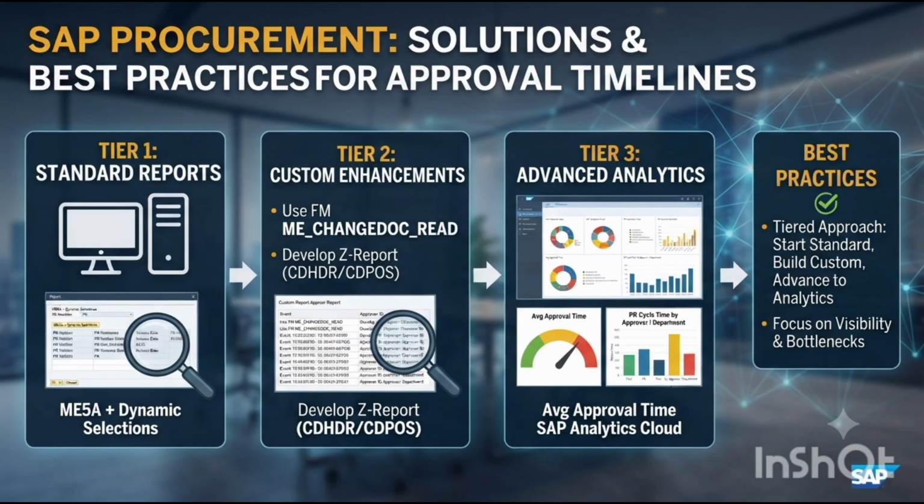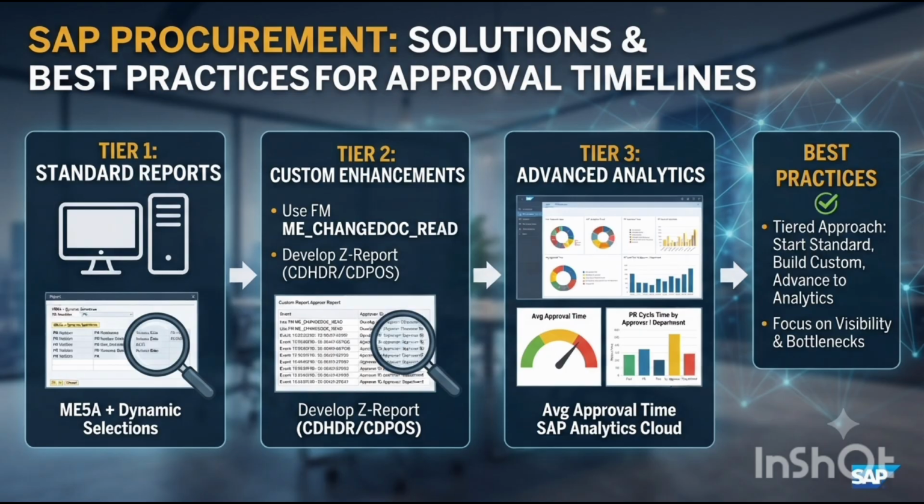Tier 2 involves enhancing standard reports or developing custom Z reports that query change documents specifically for approval events. Finally, Tier 3 elevates the organization to advanced analytics, integrating SAP Analytics Cloud or Fiori analytic apps to create executive dashboards. Adopting this structured best practice approach ensures a balanced strategy.